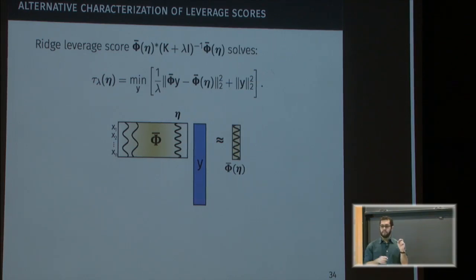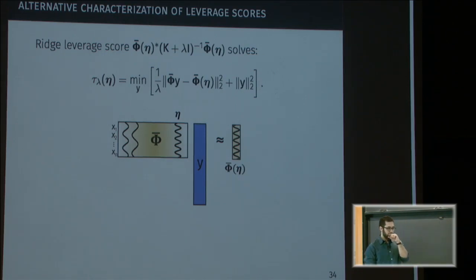And the quality of my vector y is a sum of 2 terms. I want to get as close as possible to the true column, so I have that term depending on phi bar times y minus phi bar of eta. That's saying how close did I get to reconstructing the column phi bar of eta. And then I have a second term that just depends on the 2 norm of y.